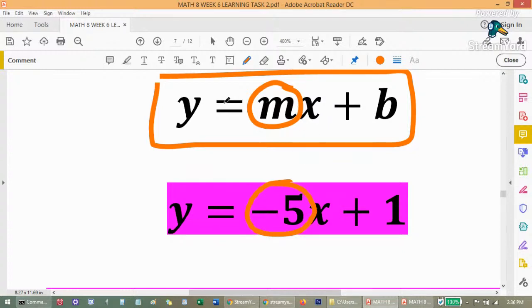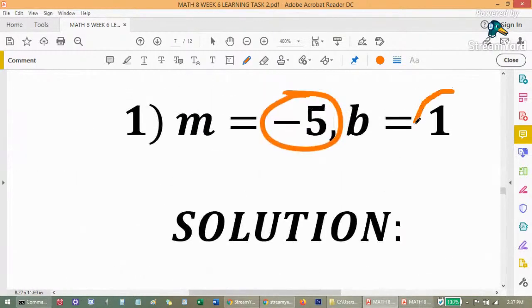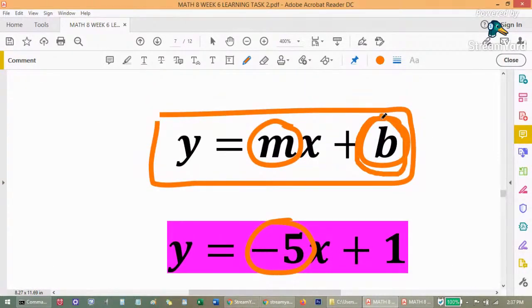So, sabi ng formula, y is equals to, then yung m, kinopya natin, x. And then itong b na to, ang given natin, ang b is equal to 1. So itong b natin, papalitan natin ng 1.